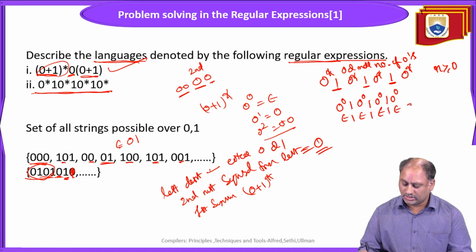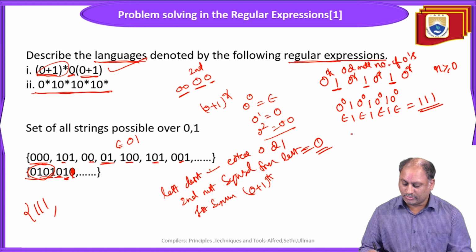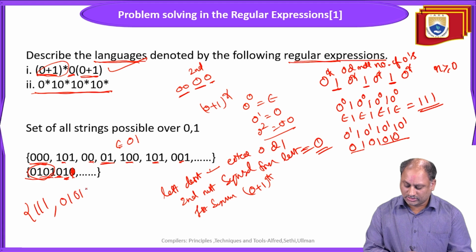That is to be considered as 111. That is one string which is to be considered. And another string with 0 power 1: 0 power 1, 1, 0 power 1, 1, 0 power 1, 1, 0 power 1. So that is 0101010, to be considered as one string.